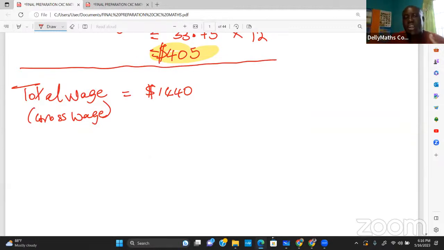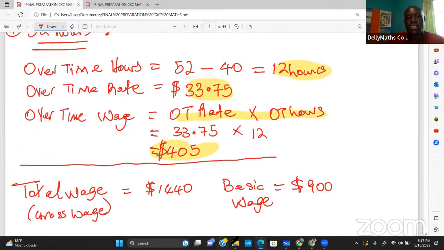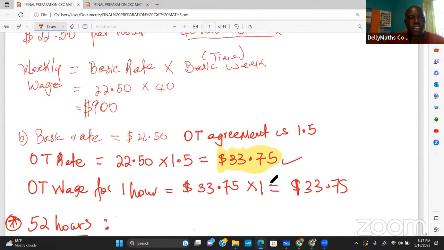Well, firstly, we need to know our basic wage. Remember, you found it already to be $900, your basic wage for that same week. We found it to be $900, so we don't have to work it again. See there? Our basic weekly wage would have been $900 already.